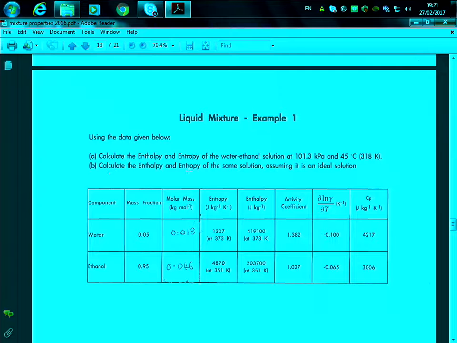Okay, so we have to calculate it in terms of non-ideal and ideal solution. So can you do the calculations without looking at the answer, just to see whether you'll be able to do that by yourself? So I'll give you 15 minutes. Please do the calculations.